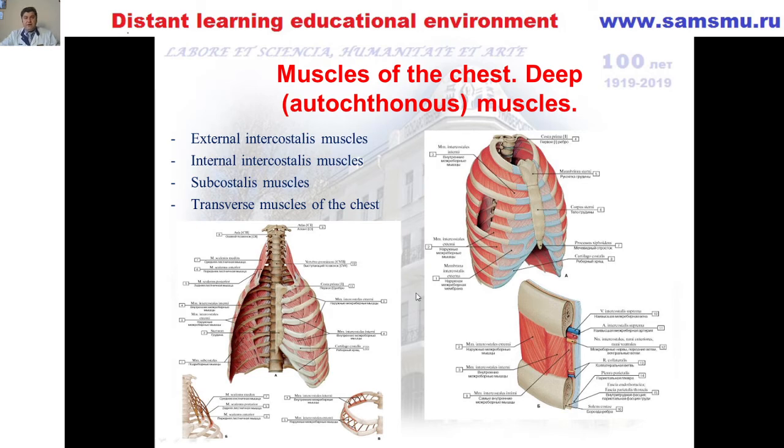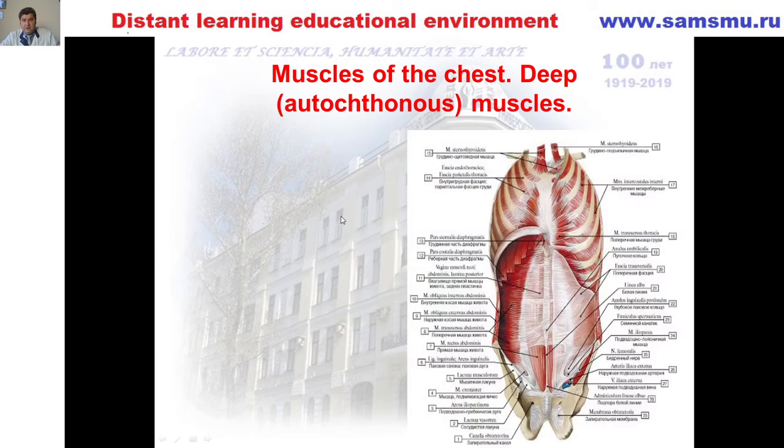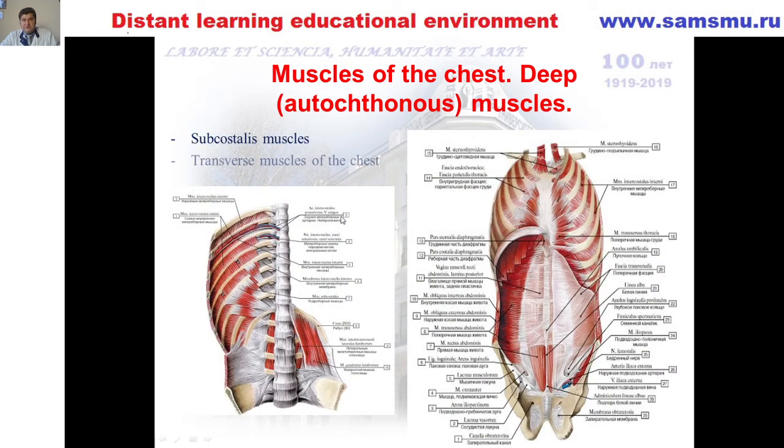So next we'll talk about the transverse muscle of the chest, musculus transversus thoracis. You may see this muscle in this picture. Also you may see the subcostal muscles in the left picture here.